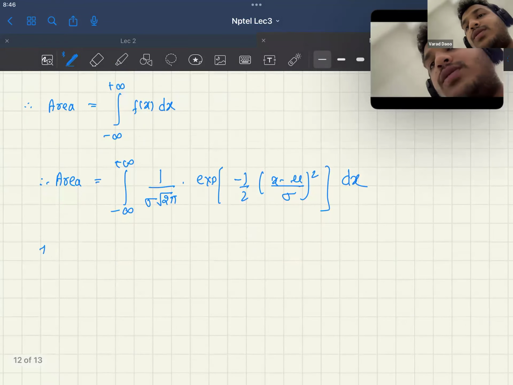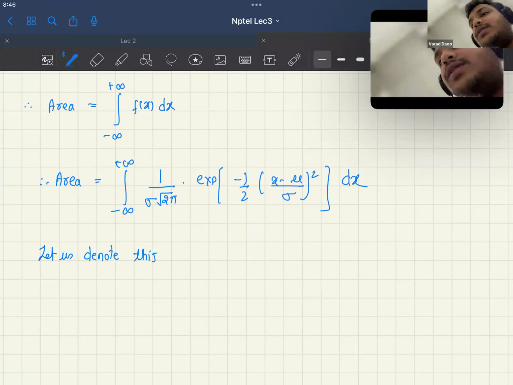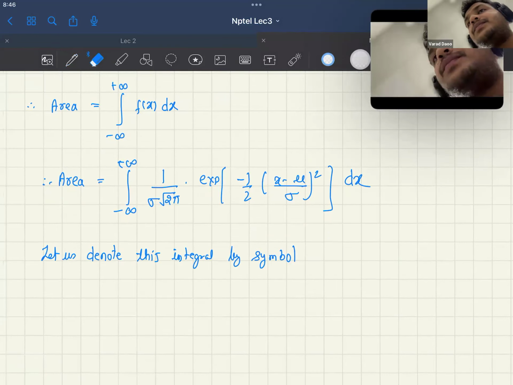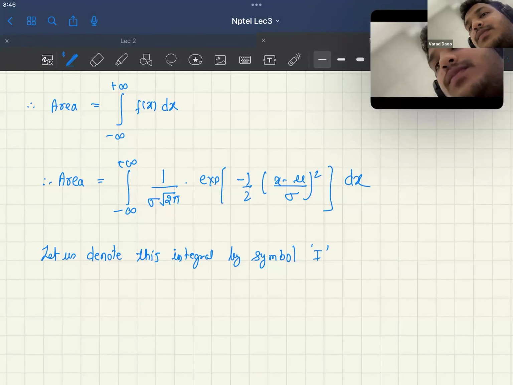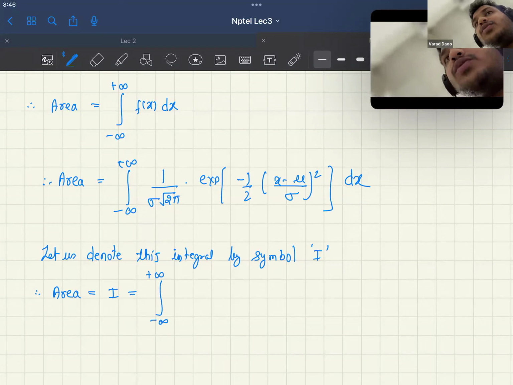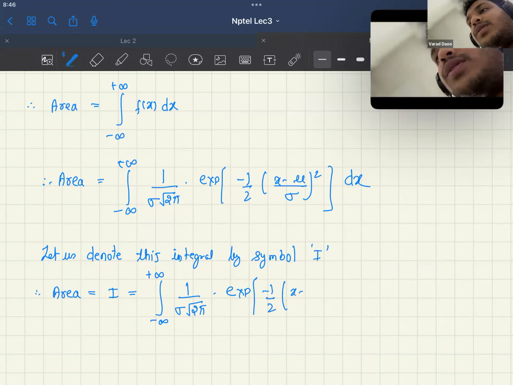Now let us denote this integral by the symbol I. Therefore area is equal to I, the integral from minus infinity to plus infinity of 1 by sigma root 2 pi into exponential of minus 1 by 2 (x minus mu by sigma) square dx.